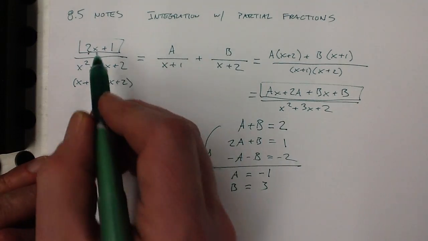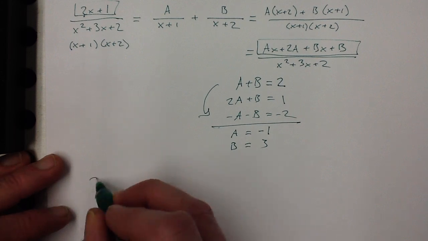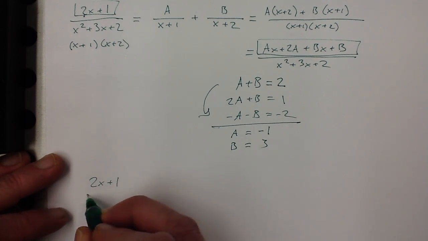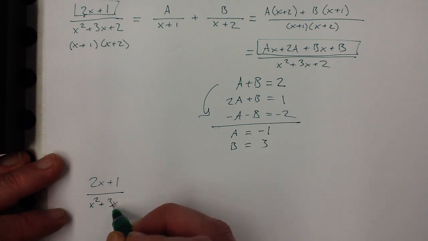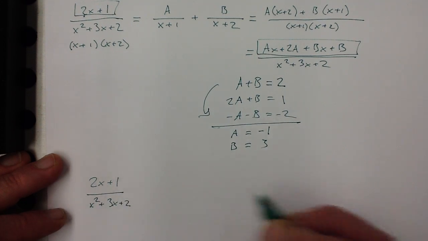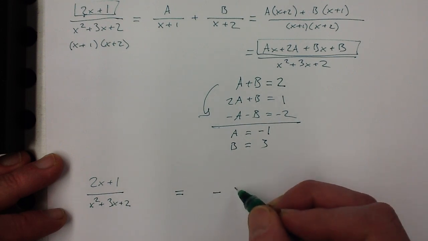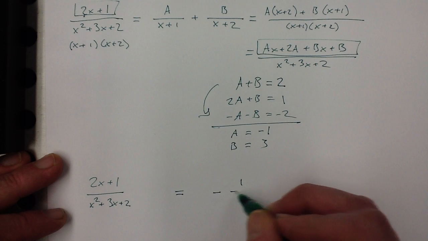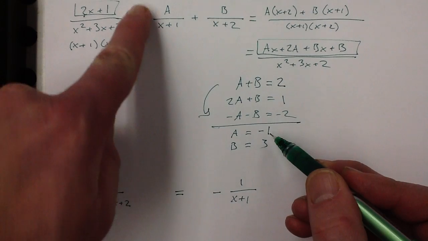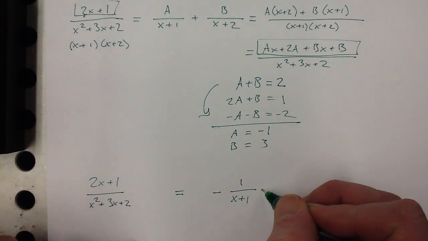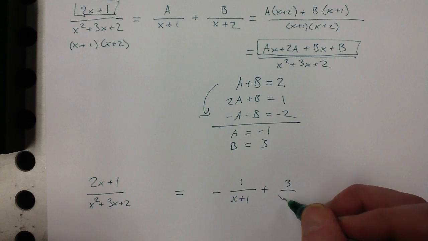So it turns out that my original fraction, 2x plus 1 over x squared plus 3x plus 2, must be equal to minus 1 over x plus 1. There's my minus 1, plugging that in for a, plus b, which is 3, over x plus 2.